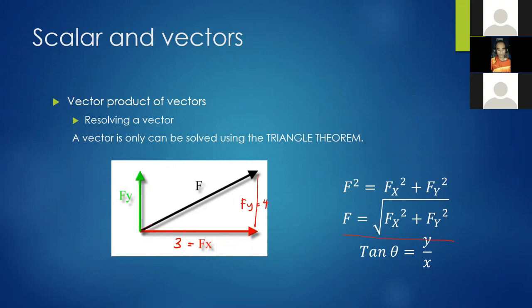Then how much is the value of F over here? You must use the Pythagoras theorem. So this is 3 squared plus 4 squared. By looking at it, you know that F will be 5. So you can get the value of F by using the Pythagoras theorem, this one plus this one.